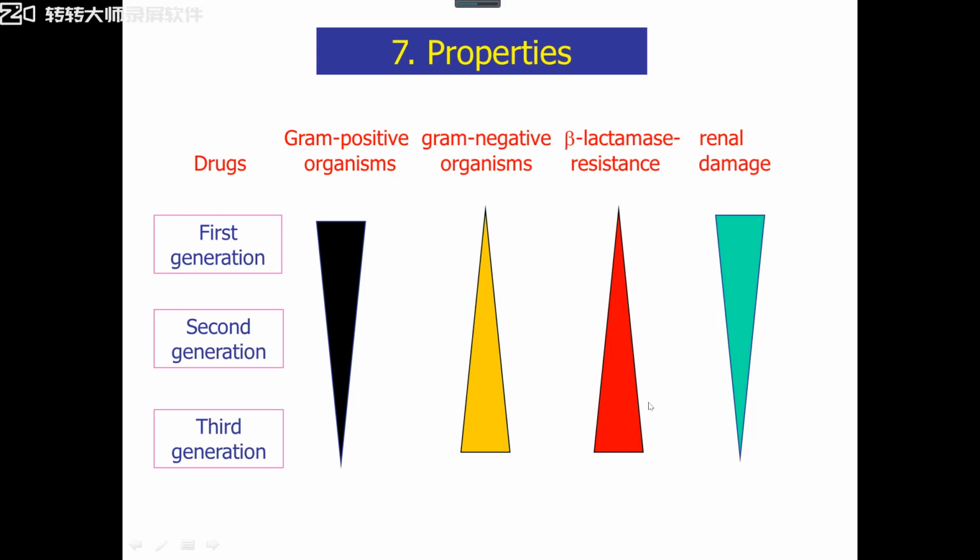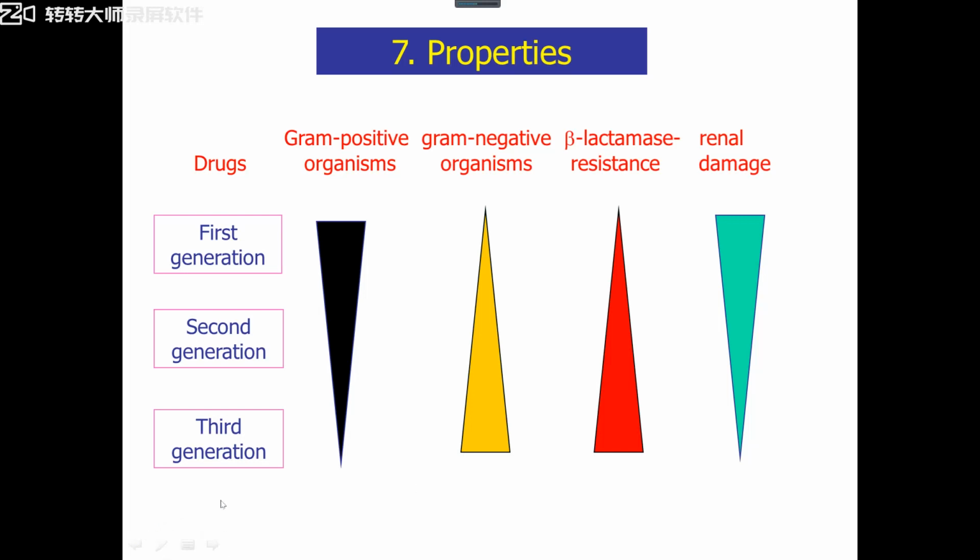The third generation cephalosporins have strong resistance. And for renal damage, only the first generation cephalosporins have nephrotoxicity. The second and the third generation do not have this adverse reaction.